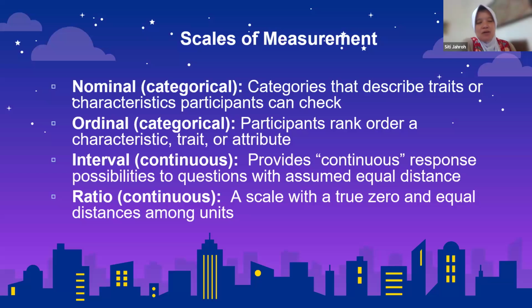For the interval, it provides continuous response possibilities to questions with assumed equal distance. And then the ratio, it's a scale with a true zero and equal distances among units. These are the types of the data. It can be in the form of nominal, ordinal, interval, or ratio.